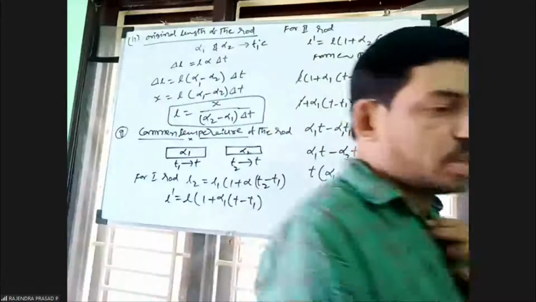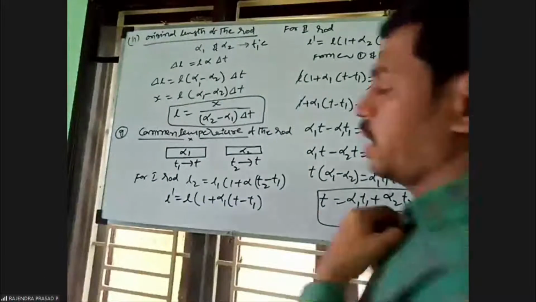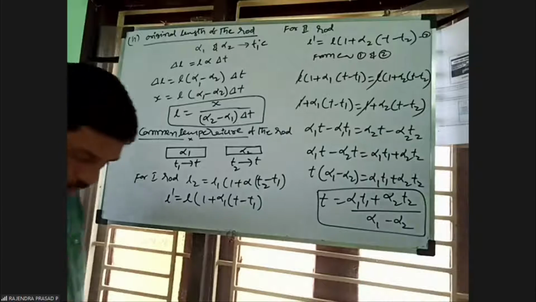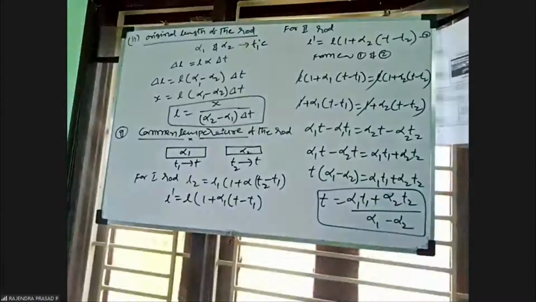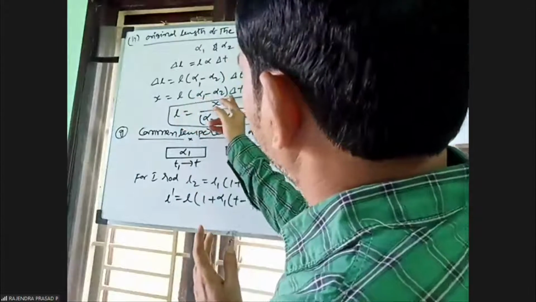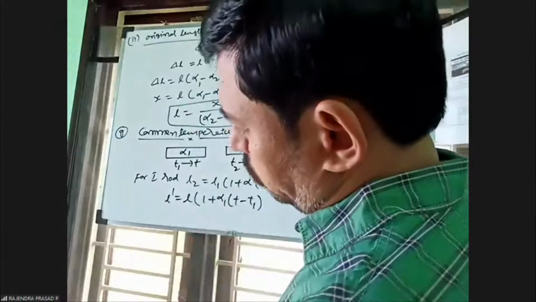Sir, x is the difference in length? Yes, x is the difference in length. Sir, in that equation x is L of alpha 1 minus alpha 2, but in the next equation you wrote alpha 2 minus alpha 1.